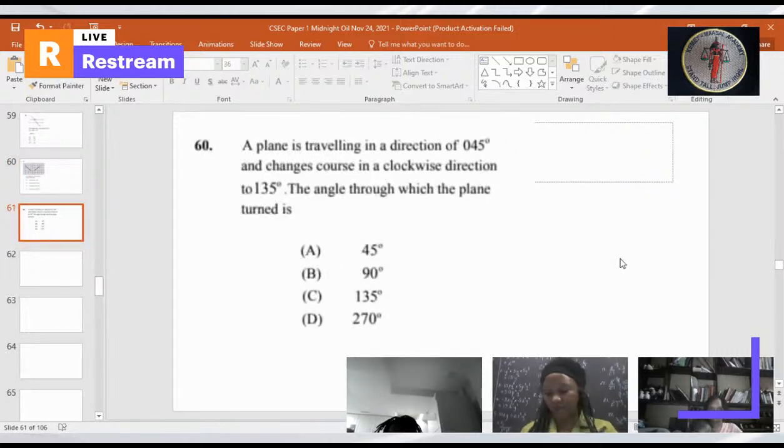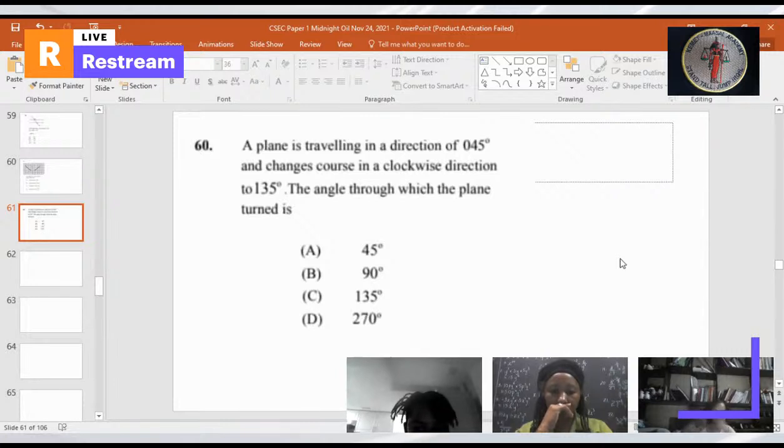All right, Drayshawn, read number 60. Okay, number 60. A plane is traveling in direction of 45 degrees and changes course in a clockwise direction to 135 degrees.